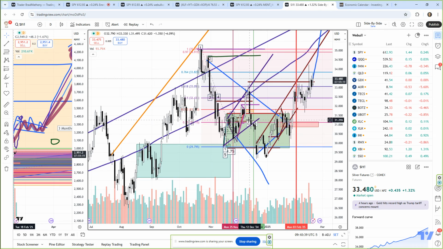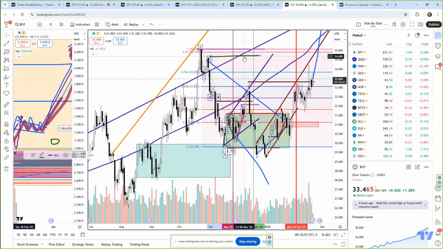Now, when we get to new highs and we don't have any reference point above a current high price level, then we have to go down to Fibonacci extensions to try to identify where we could get into a rotation.